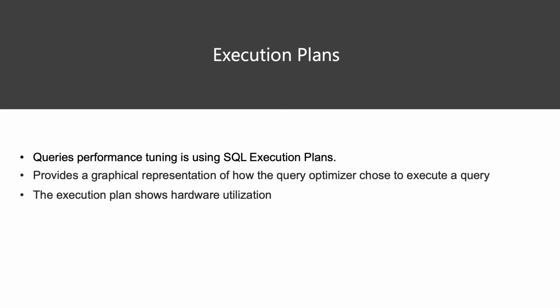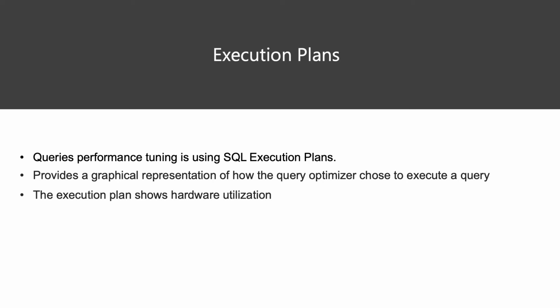Execution plans. SQL Server query performance tuning is considered a top priority and an endless battle for database administrators, to achieve the best performance for their managed systems with the least resource consumption. The first method that any database administrator recalls when thinking about query performance tuning is using the SQL execution plan.